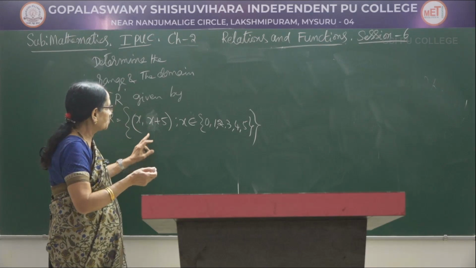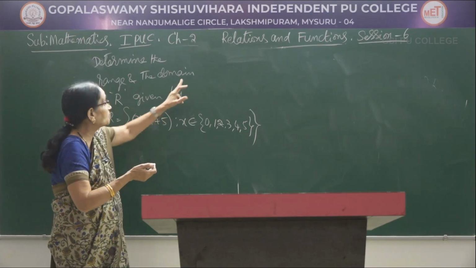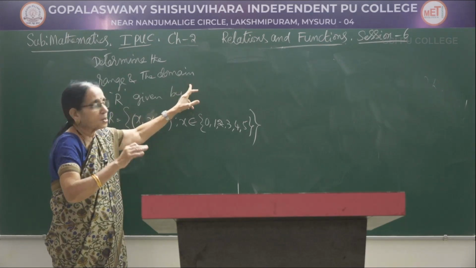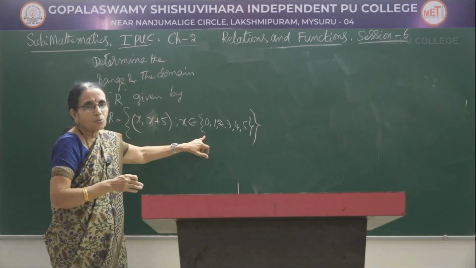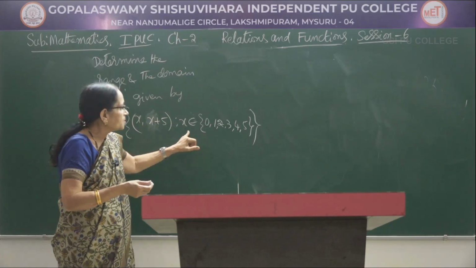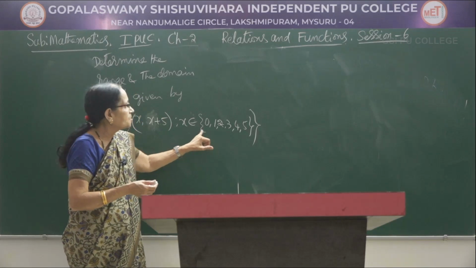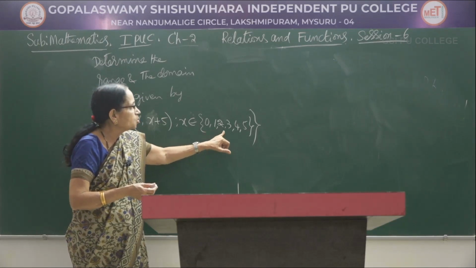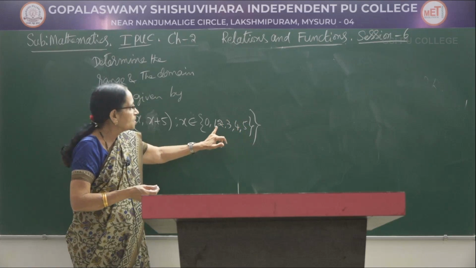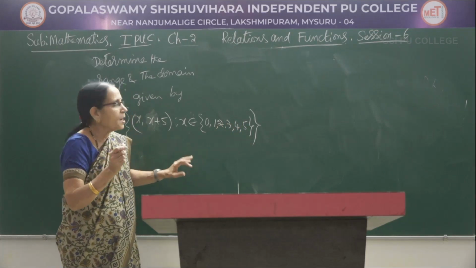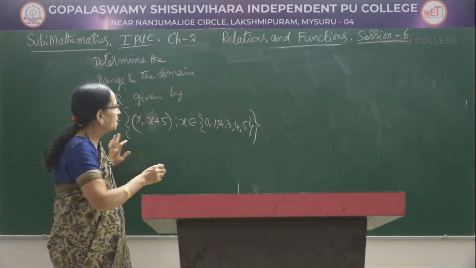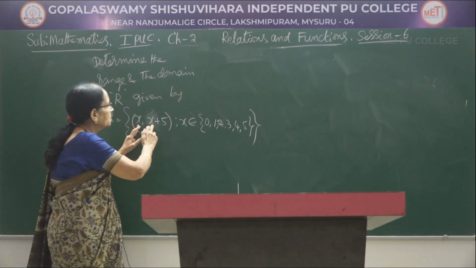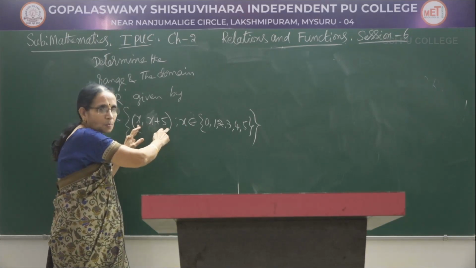And next, what are the values of A? Instead of giving set A or B, the values of x have been given directly. X belongs to the set, means x takes the value 0, 1, 2, 3, 4, 5. So, these are the 6 values which have to be assigned to x here. When x takes a value 0, this is 0 plus 5, that becomes 5.